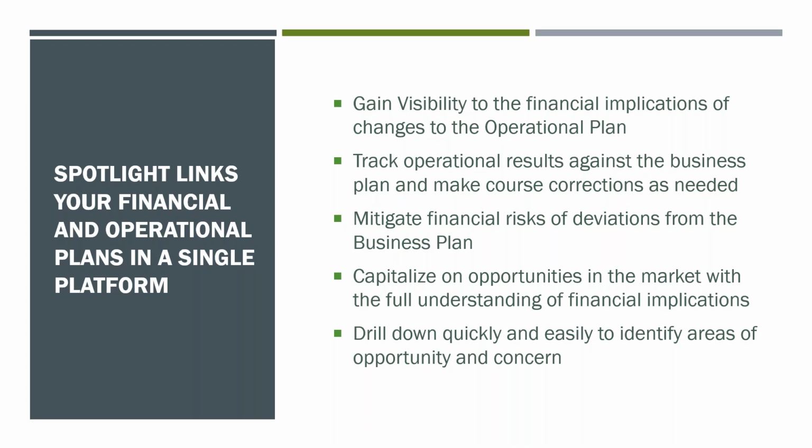You can track operational results against the business plan to make sure you course correct. So if we're missing a revenue number, what do I need to do to get ahead of that? If my costs are exceeding what my business plan was, what are the decisions I need to make now as a supply chain so that doesn't come to bite me at year end in my profitability numbers?